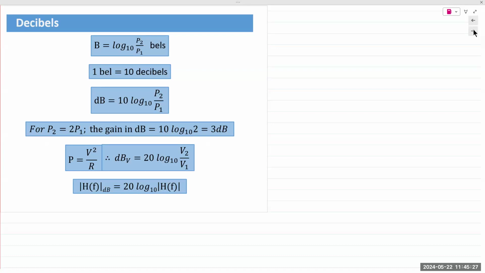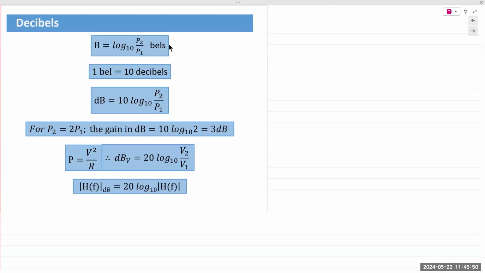Again, they figured out a way, which is basically the same thing: take the ratio, take the log, but they came up with a new unit known as bells. The base 10 log of the ratio of two powers, P2 to P1, gives you 1 bell.